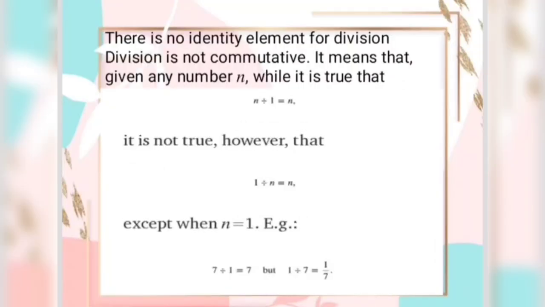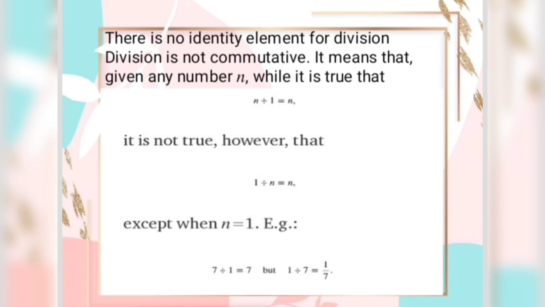There is no identity element for division. Division is not commutative. It means that given any number n, while it is true that n divided by 1 equals n, it is not true, however, that 1 divided by n equals n, except when n equals 1.